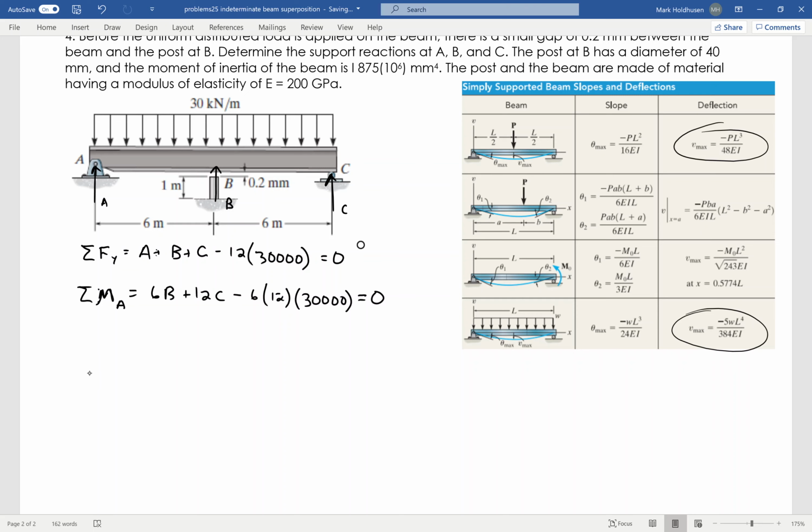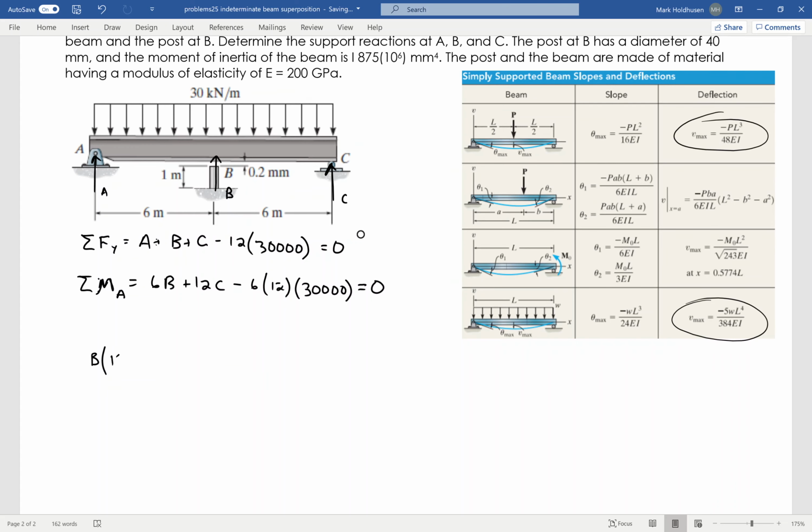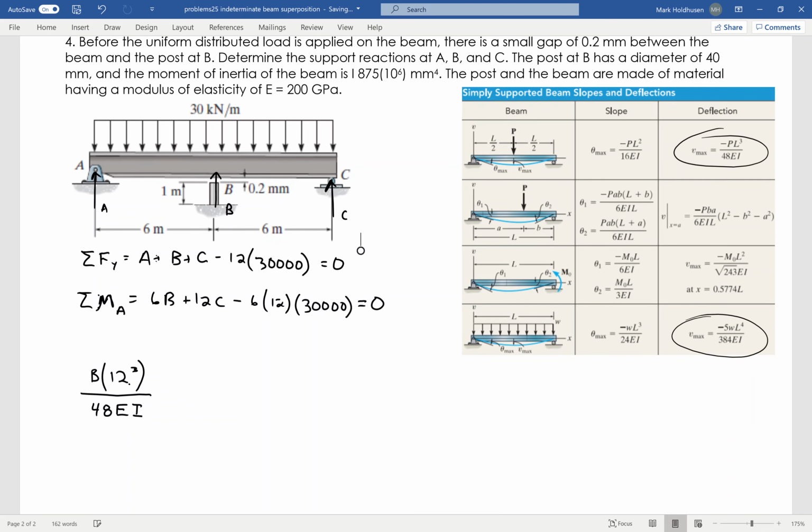So I'll have B times L cubed, which would be 12 cubed, all over 48 EI. And I'll add the E and the I later. I'm just going to pull it through for now, make my life a little bit easier. When I get to the reaction, I'll go ahead and plug those things in. Now I've got the distributed load.